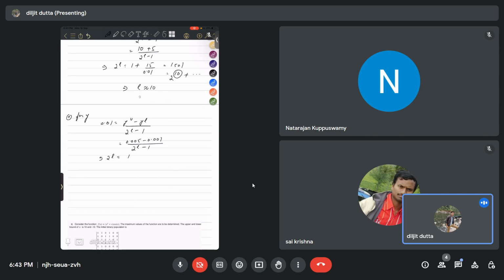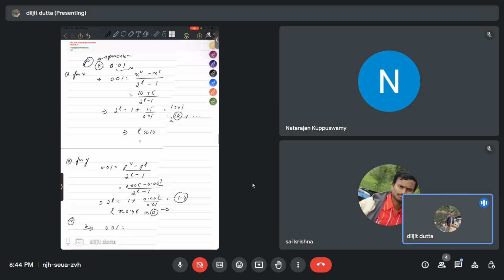So 2 to the power l equals 1 plus 0.004 by 0.01, which is 1.4. Then l comes out approximately 0.48, which is approximately 0. So l will be 0 for the second one.